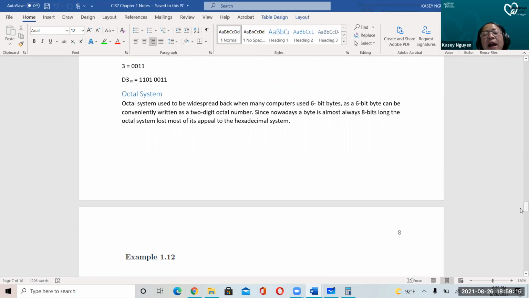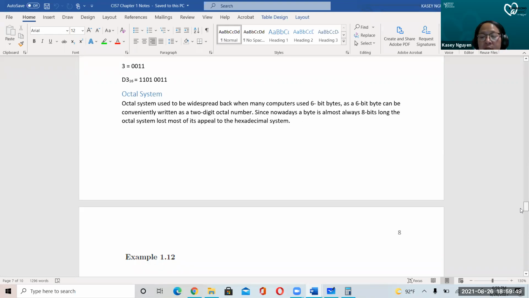So you didn't have as much storage as what you've seen today or even before that. So you would have a 6-bit byte, and the 6-bit byte can be conveniently written as octal digits. Nowadays, we just use a byte, which represents 8 bits. But I want to show you this, and any time that you need to work with the octal system, you would know how to do it.